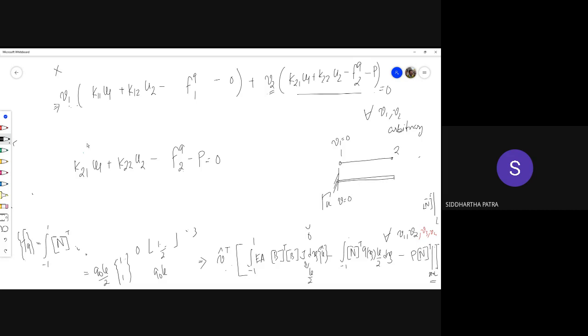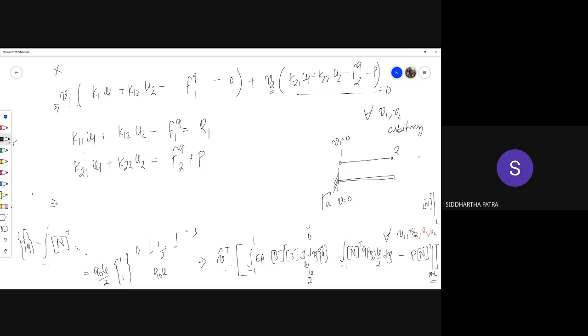So we can also write it like something like this. But whatever is multiplying V1 is not necessarily 0. So what you get is K11 U1 plus K12 U2, some sort of residual. We would call it R1 because it corresponds to the first row. Okay.